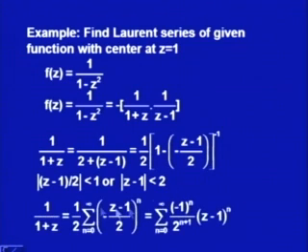So, to do this we write 1 upon 1 plus z is equal to half of summation of minus (z minus 1) divided by 2 raised to power n, n takes values from 0 to infinity. So, we have expressed this in compact form, and we will simplify it to summation n equal to 0 to infinity, minus 1 raised to power n, 1 divided by 2 raised to power n plus 1, and here we have (z minus 1) raised to power n.